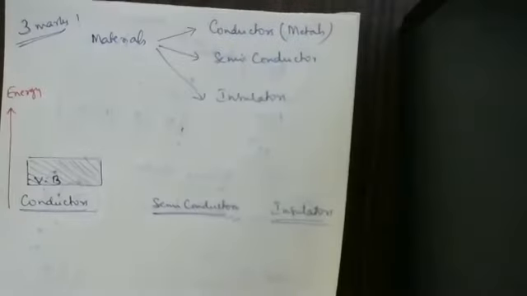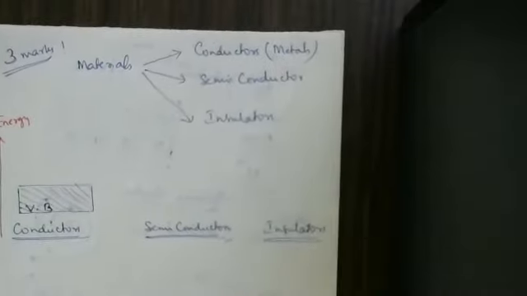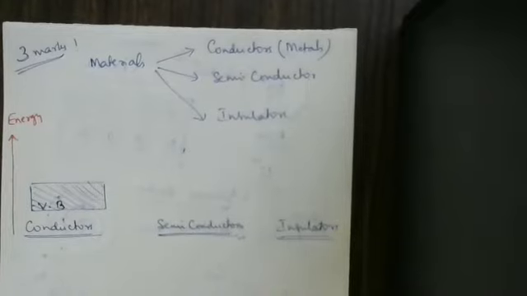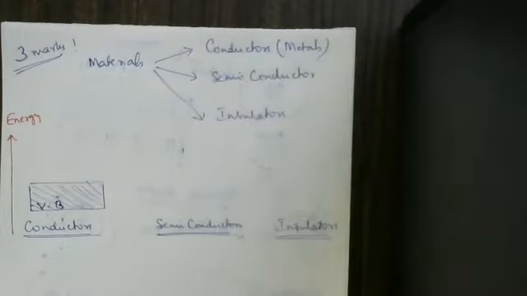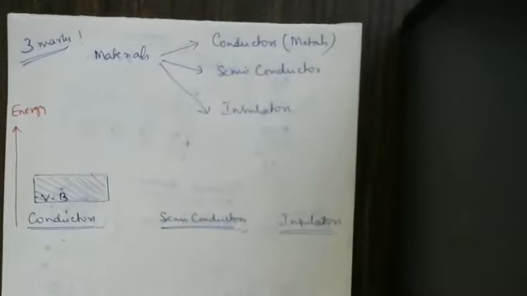Now coming back to this concept. Any material can be divided into three categories: conductors or metals, semiconductors, and insulators. Energy we are plotting along the Y-axis, and we are supposed to learn conductors, semiconductors, and insulators on the basis of band theory.